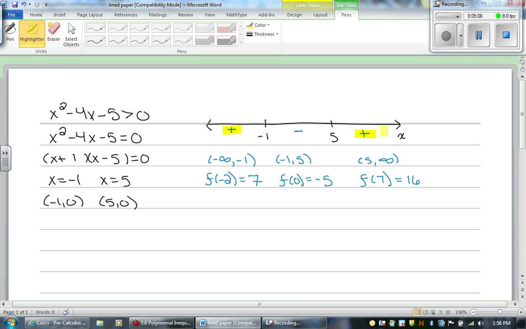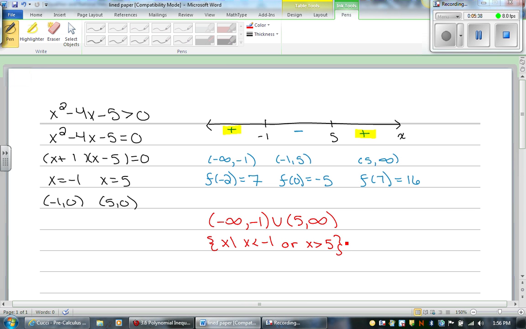Okay? So my solution winds up being from negative infinity to negative 1, union 5 to infinity. And that's using interval notation. The other way we could write it would be x such that x is less than negative 1 or x is greater than 5.